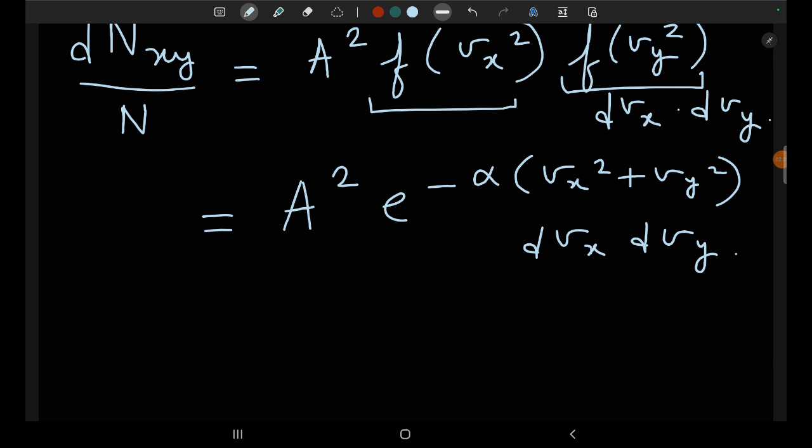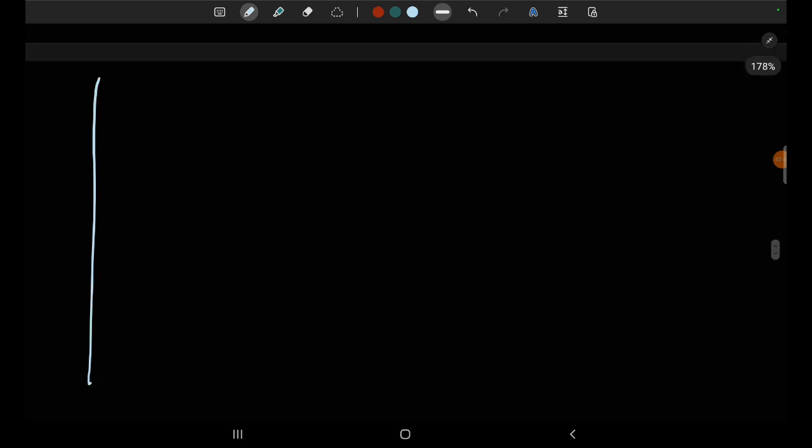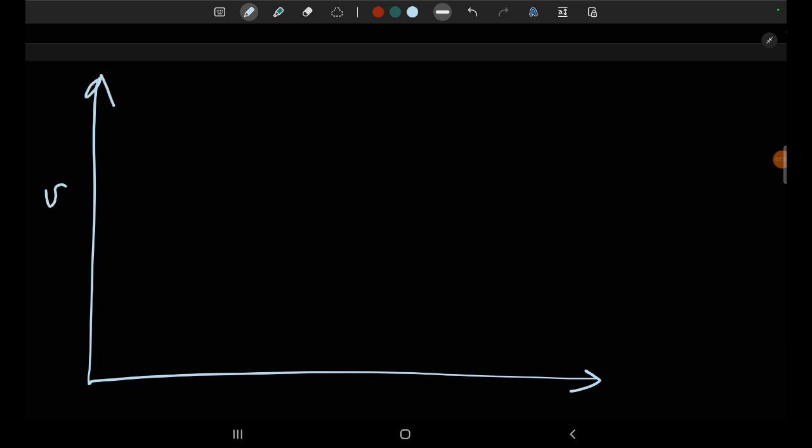Now, Vx and Vy are nothing but the components of the velocity in the 2D plane. If we remember our discussion of the coordinate system, this was a rectangular or Cartesian coordinate system. This was the Vy axis, this is the Vx axis, and this is our velocity vector. Let us call it C1 to avoid confusion.